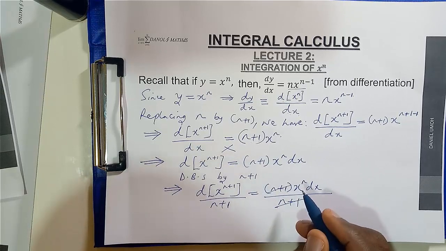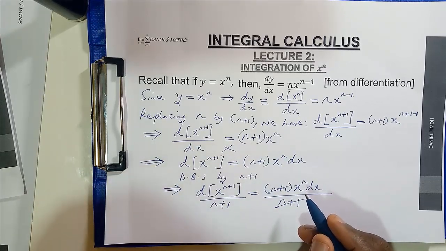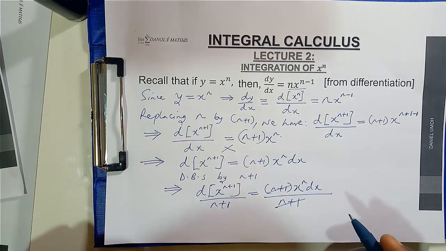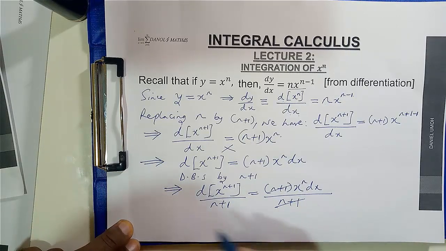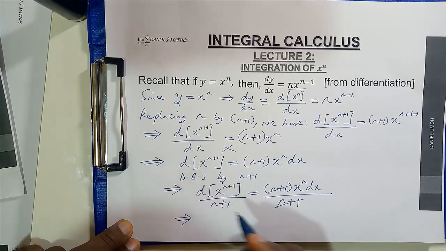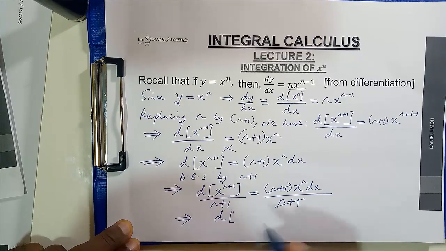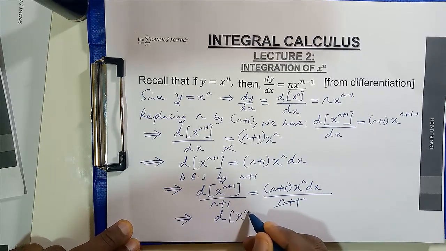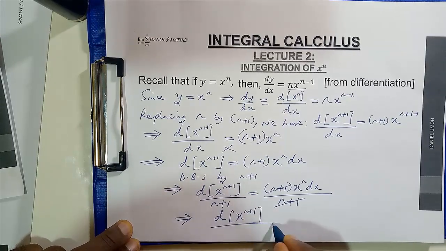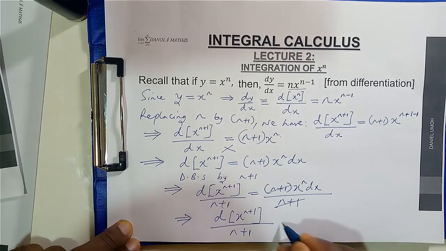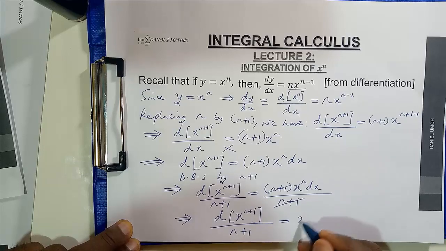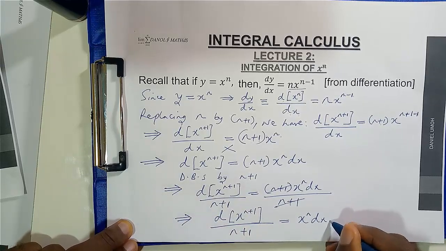Of course, this and this will go. When this and this go, what I'll be left with is d of x raised to the power of n plus 1 over n plus 1 is equal to x raised to the power of n dx.